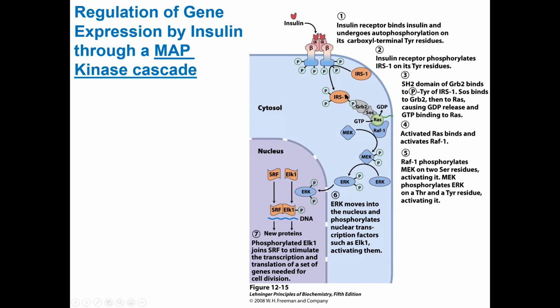Once you form this insulin receptor, IRS1 triphosphorylated, the next protein in the cascade is GRB2. GRB2 is a protein that has an SH2 domain. What are SH2 domains? SH2 domains are domains in the protein that will bind phosphorylated tyrosine. Cool. So the GRB2 SH2 domain will go and dock itself onto the IRS1.